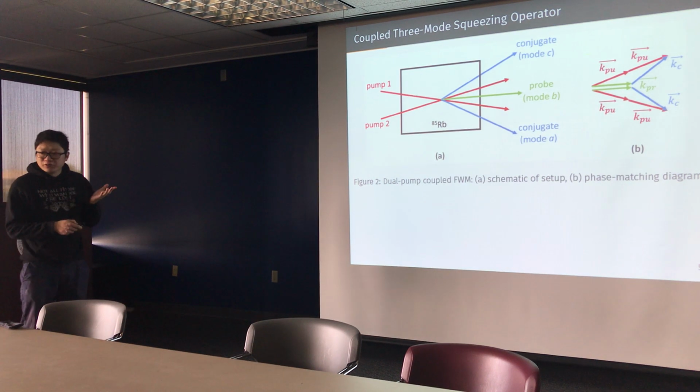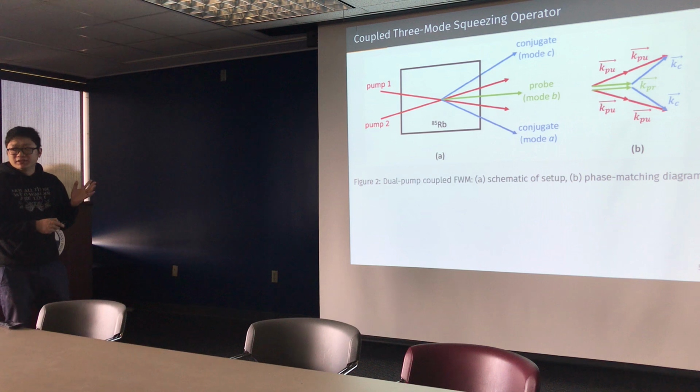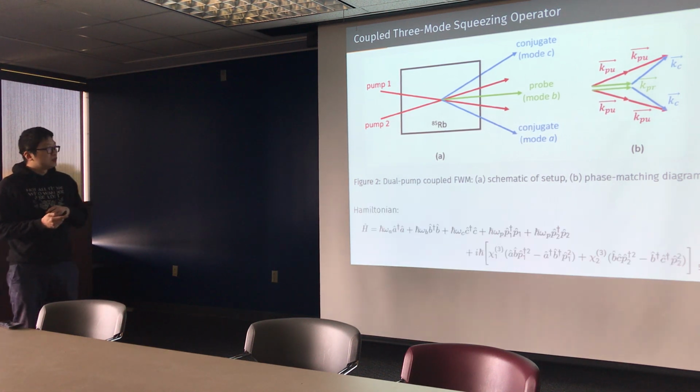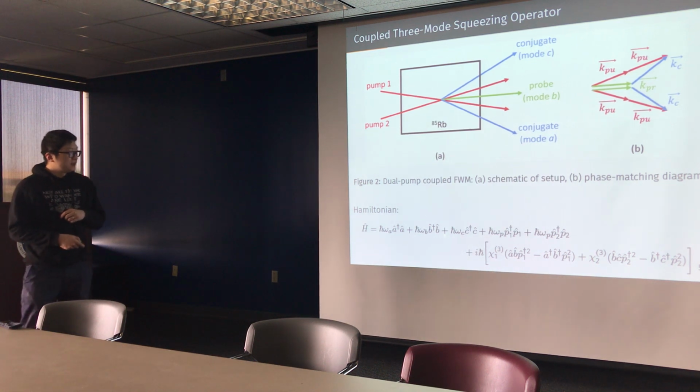The energy diagram is the same as the previous one, but the phase matching condition is a little more complicated, shown here. We have two from pump 2 and two from pump 1, creating probe photons and conjugate photons. The Hamiltonian for this process looks like this.